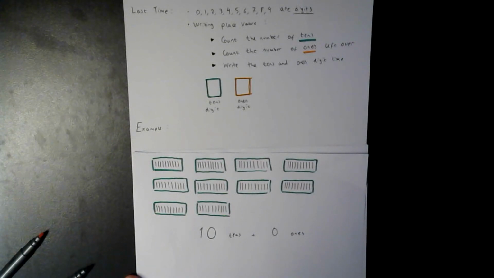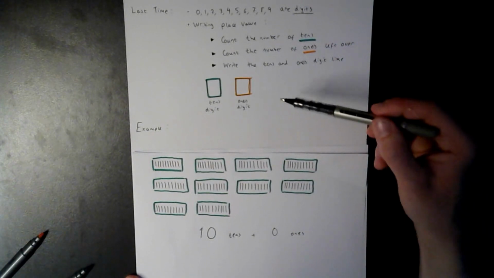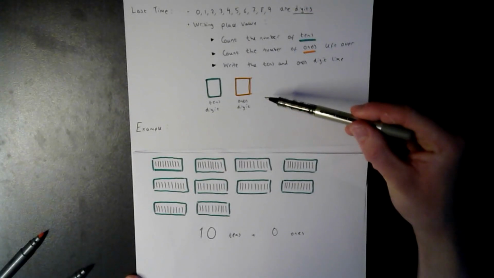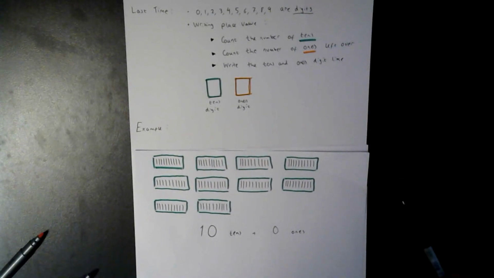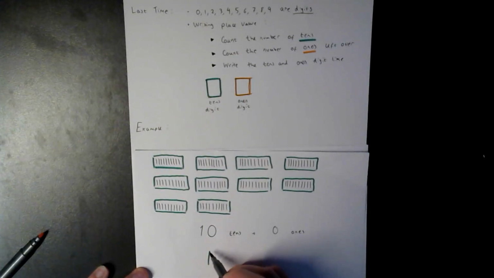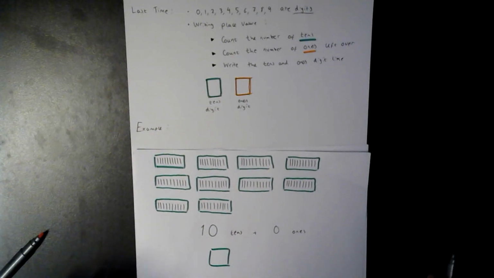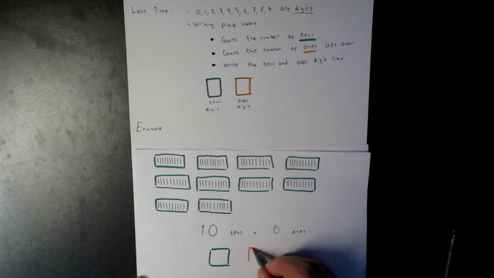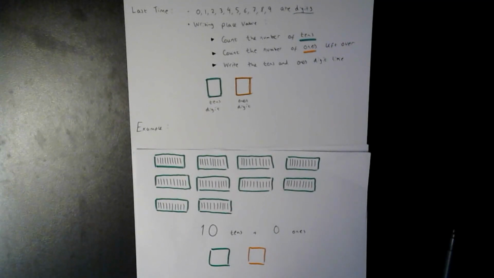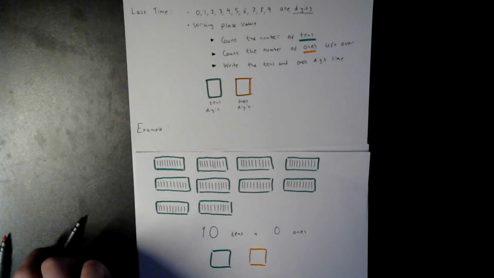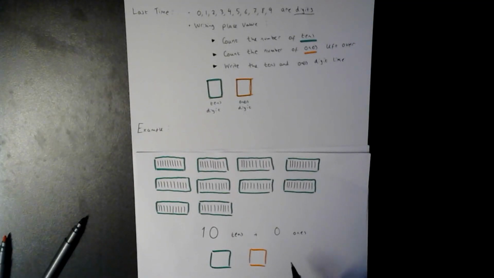Okay. So if we were to use this place value representation up here, I'll just draw the box again. Okay. So we'd put our ones digit in this orange box, so the 0 goes there, and then the tens digit would go in this green box.